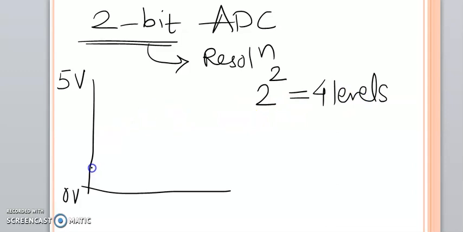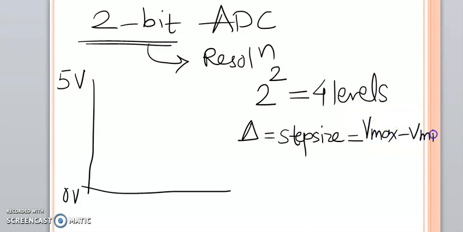So what will be the voltage of each step? That is defined by a word called the step size. Obviously that step size will be V maximum minus V minimum divided by the number of levels that the ADC can detect.